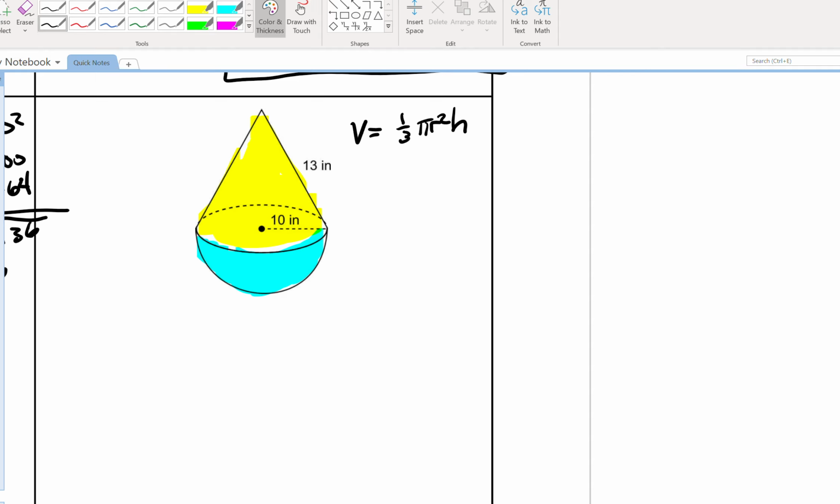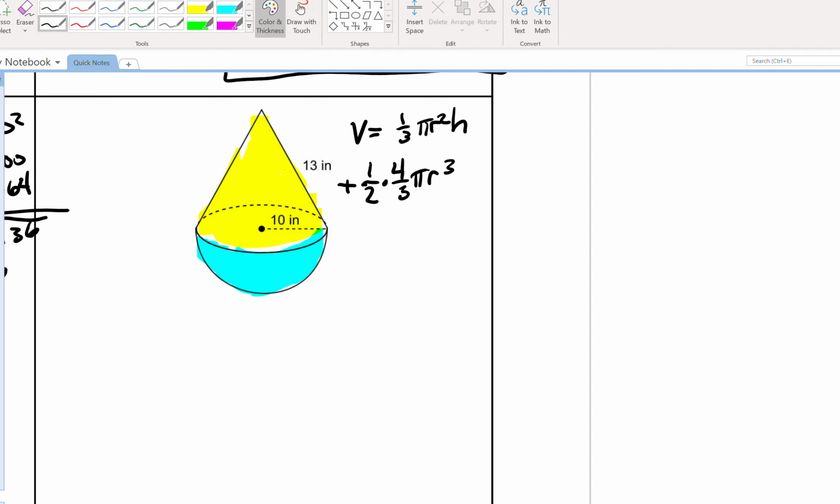We just saw that. And then to that, we're going to add half of the volume of the sphere, and that's 4/3 pi r cubed. But then we're just going to take half of that, so times 1/2.